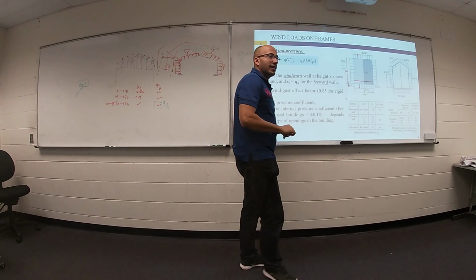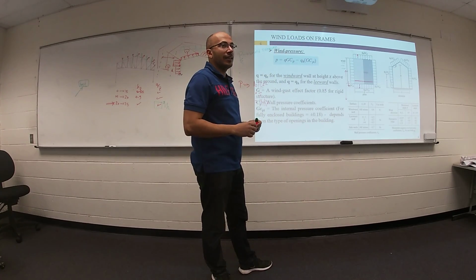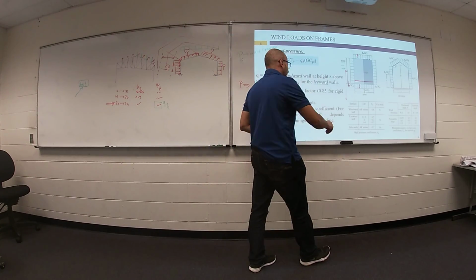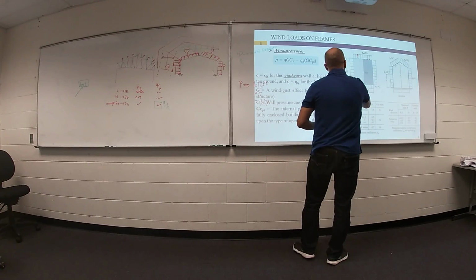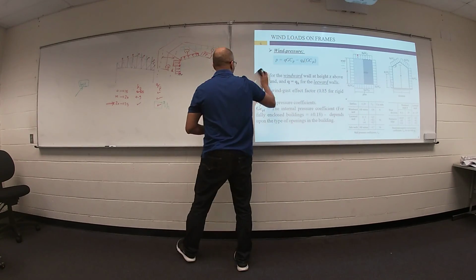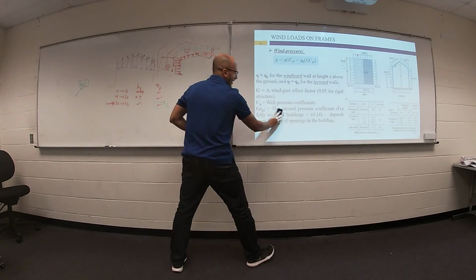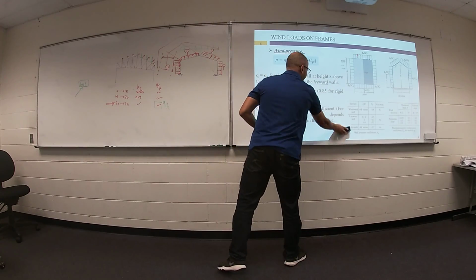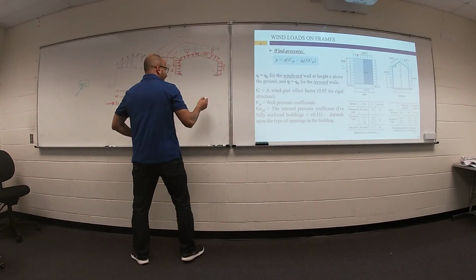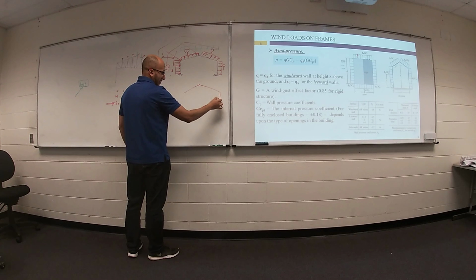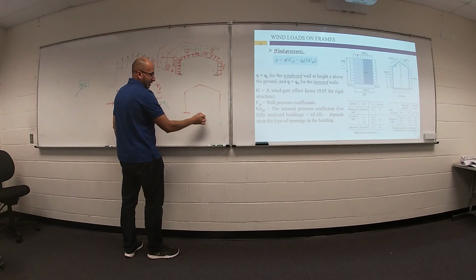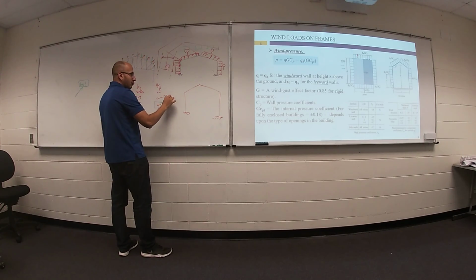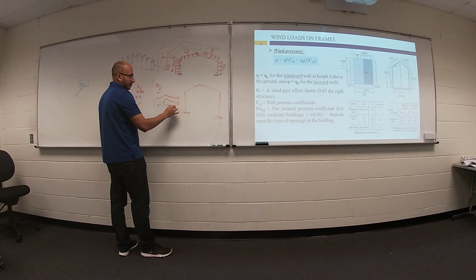So how do you decide which side is the windward and which one is the leeward? Based on your direction of wind. I don't know which direction, that's right? Yes. It's a good question. He asked me a very good question. Your wind load is coming from this direction.